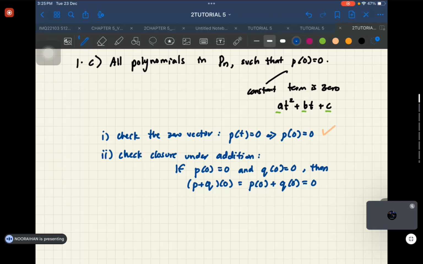So you can see that when you add these two polynomials, you get the same pattern as the original ones. So you can conclude it is closed under addition. Okay, and then number 3, check closure under scalar multiplication.